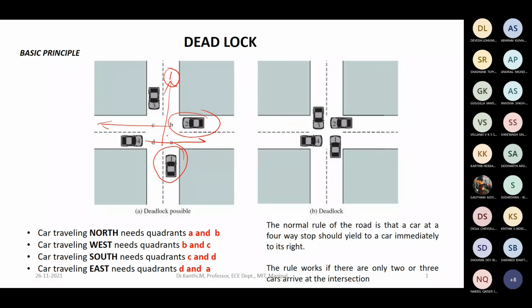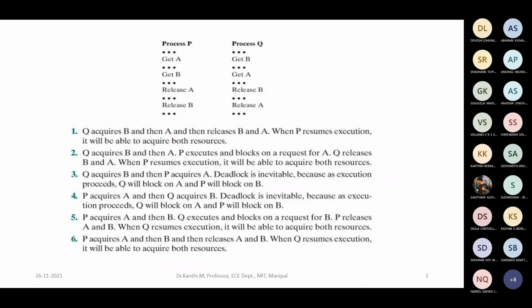When we talk about processes, the different resources need to be used by the different processes. How can we make use of those? Let us consider a computer system, in the operating system.